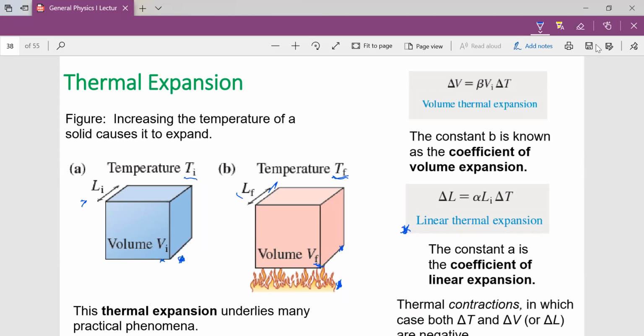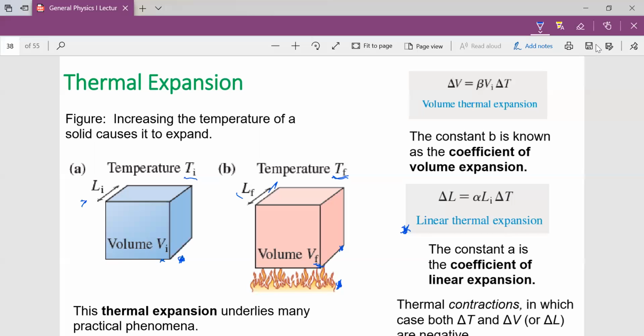Okay, so we see that with the supply of heat into this system, there's an increase, or what we term expansion, in the size of that system. It might be so little, but it is quantifiable. We can actually give a value to it.